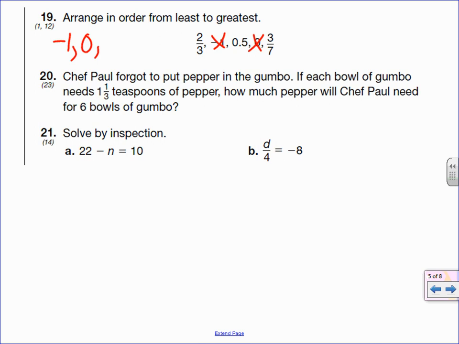Well, we have 0.5. 3/7 is less than half, so this will be less than 0.5, and 2/3 is more than half, so this will be greater than 0.5. So it looks like 3/7 comes next, then 0.5, and then 2/3.